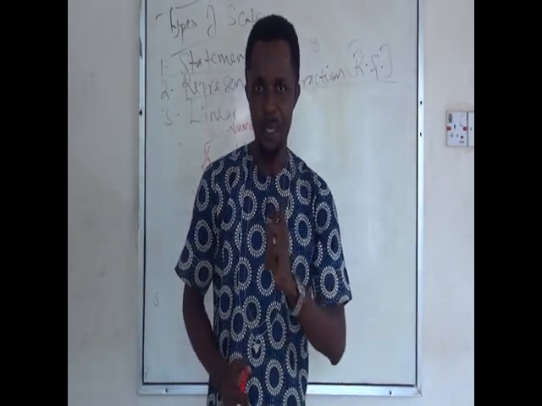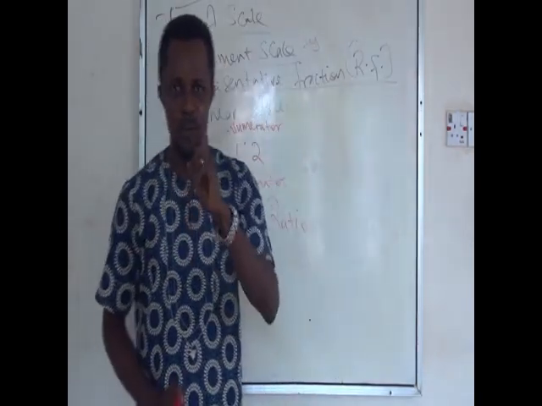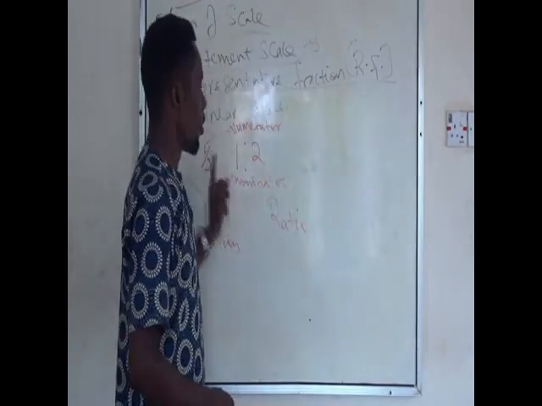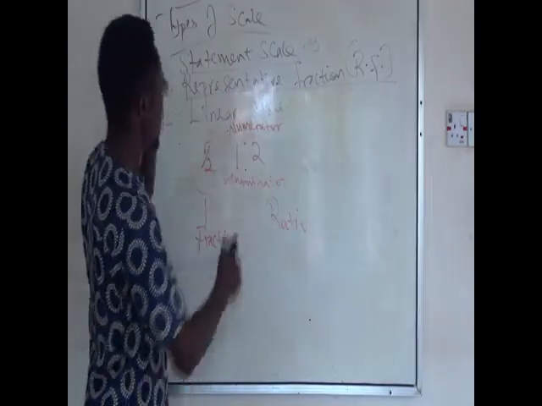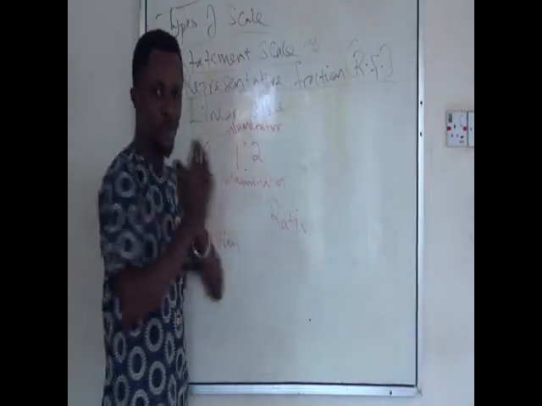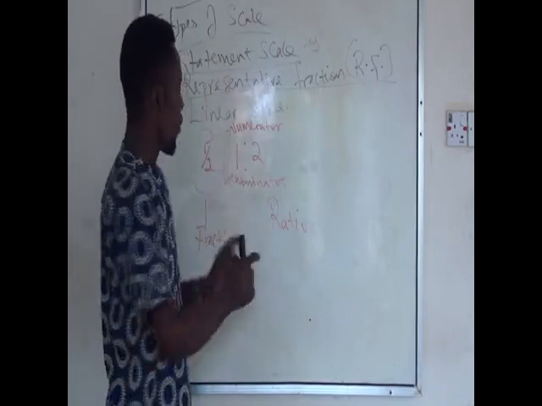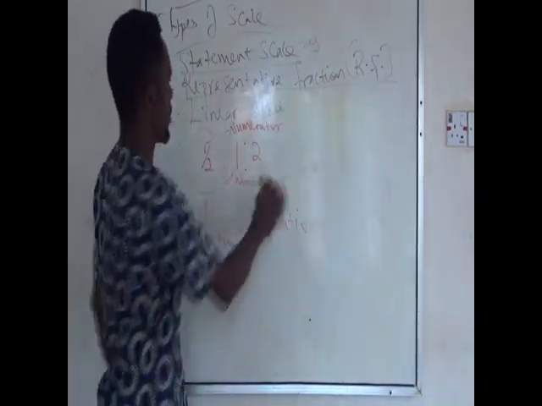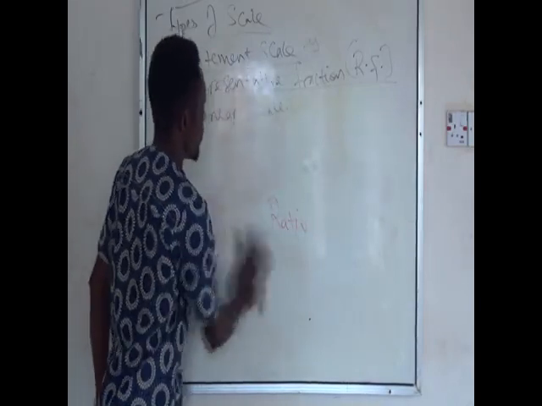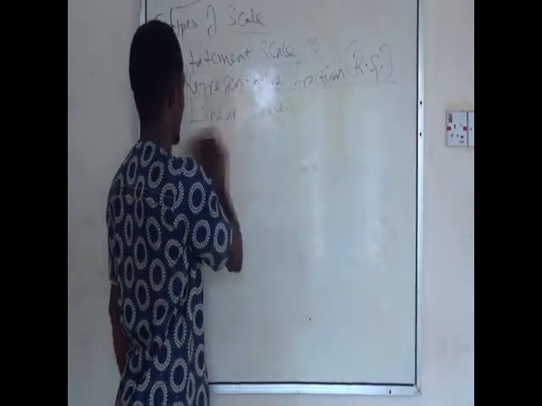This type of scale is given in form of a fraction or a ratio. The numerator stands for the distance on the map, while the denominator stands for the distance on the ground. Now we know what representative fraction is. I take it again.